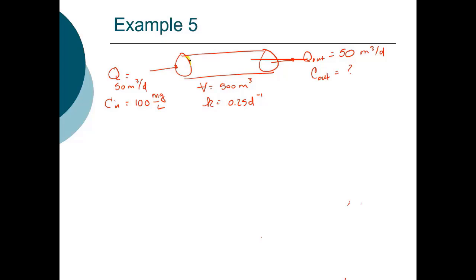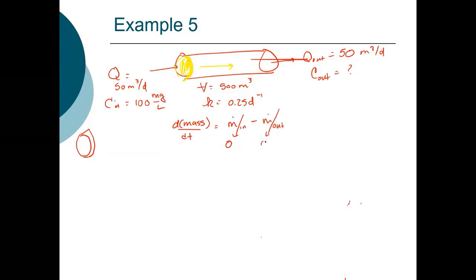We have this parcel, so we're looking at this parcel of fluid as it moves down the reactor. So the change in mass with respect to time. You're thinking about this parcel. We have no mass in, it's 0. So there's no mass entering this parcel. There's no mass leaving the parcel.